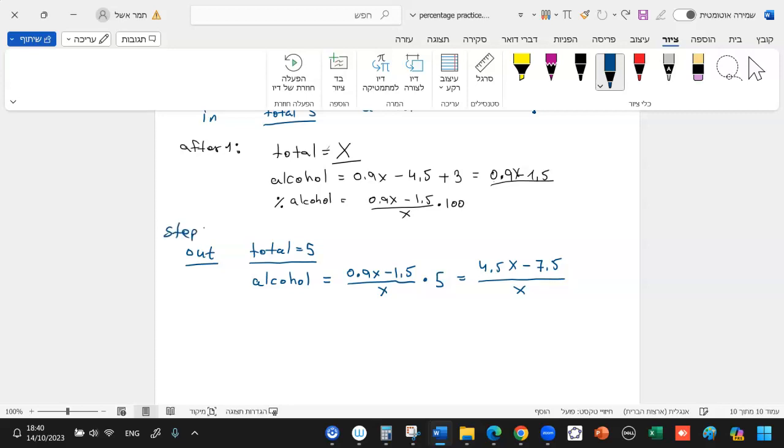Okay, this is step 2. And in was poured 5 liters with concentration 50%. So how much alcohol was poured in? 0.5 from 5, 2.5 liters.